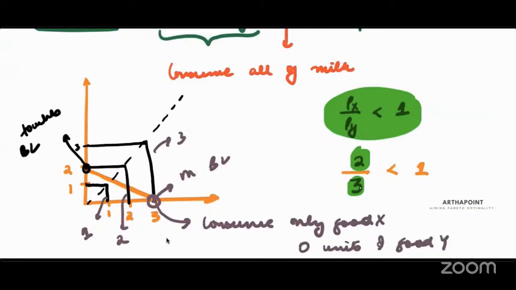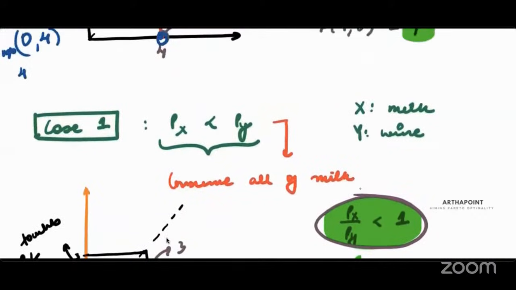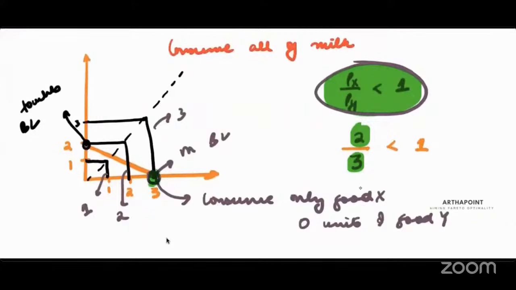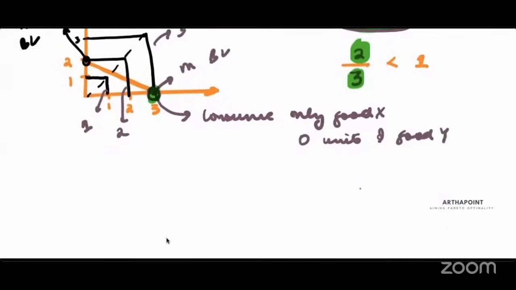So when Px by Py is less than 1, or good X is cheaper than good Y, I get my equilibrium where I consume only good X and 0 units of good Y. That becomes my equilibrium. Now take the reverse way.